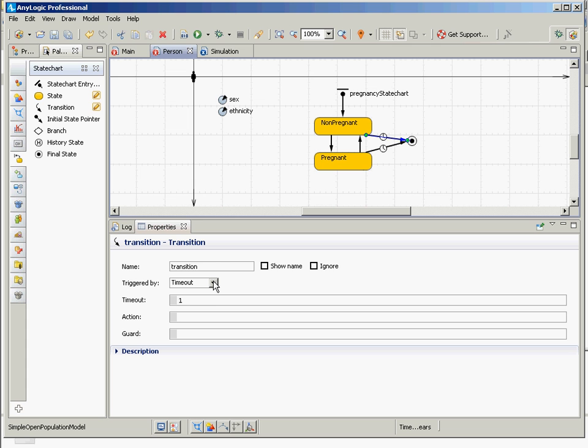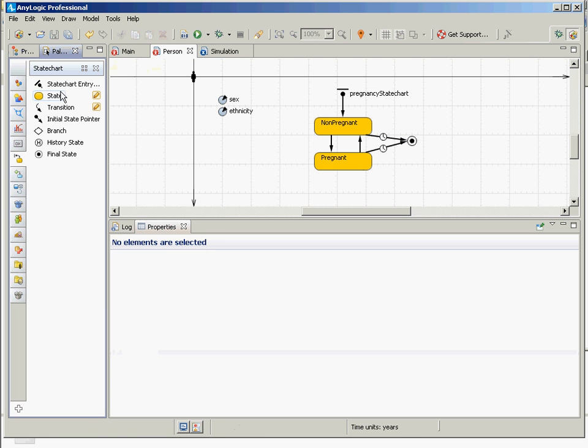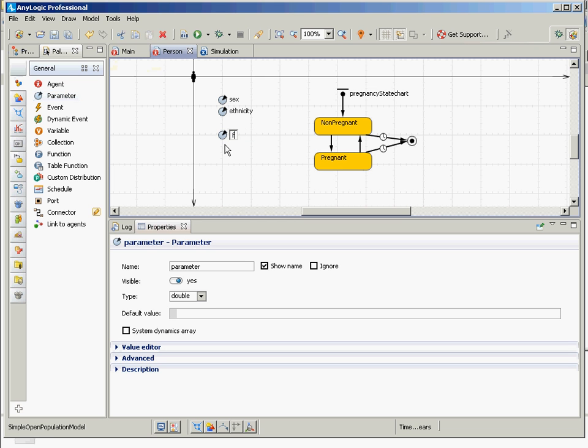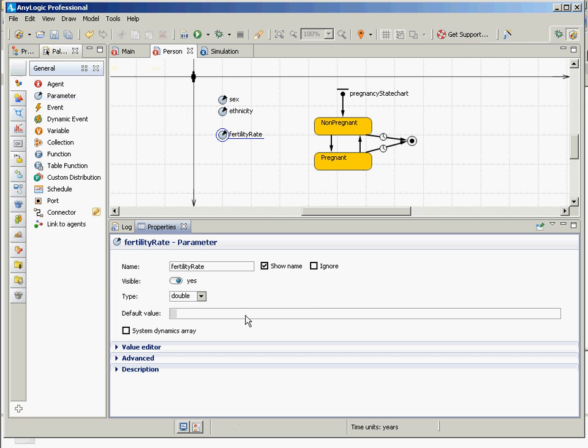Okay, so what we're going to do is associate a birth rate here, or actually it will be a fertility rate. So we'll go up to general, and we'll drag in something called fertility rate. Again, our time unit is year, so it'll be maybe 0.1.